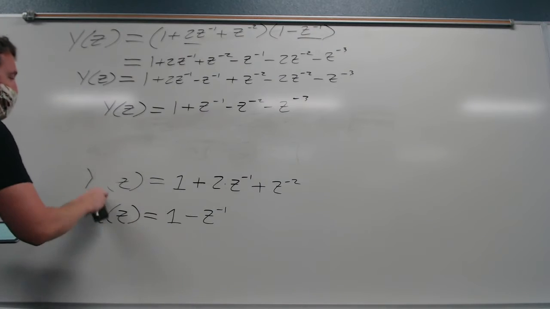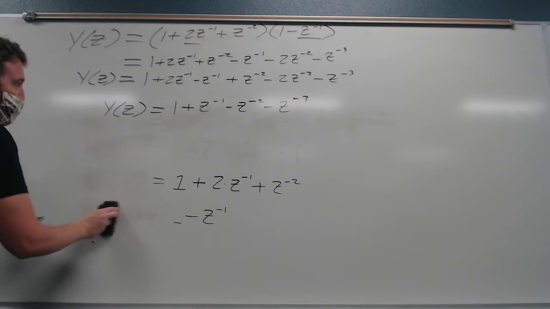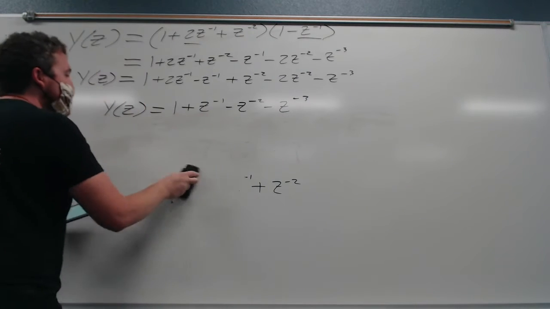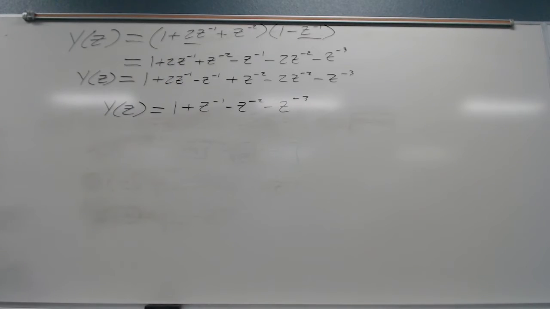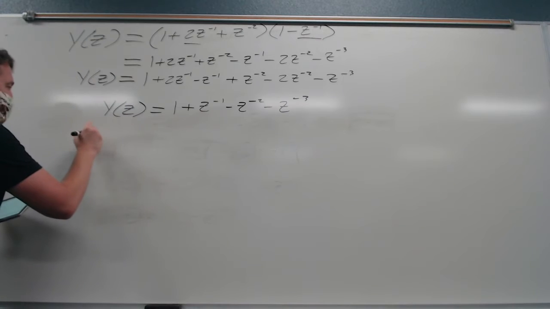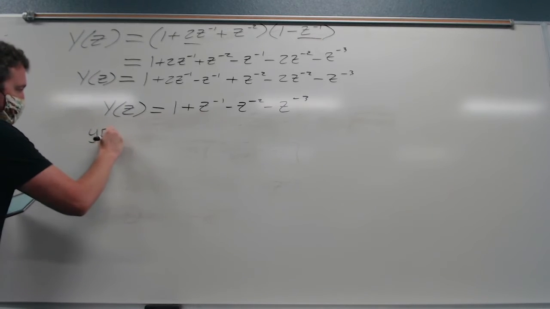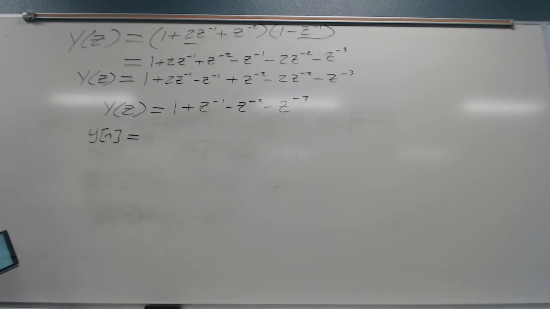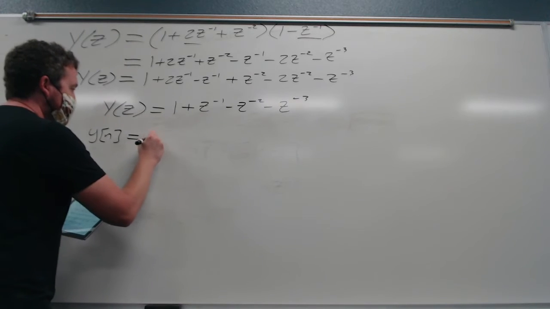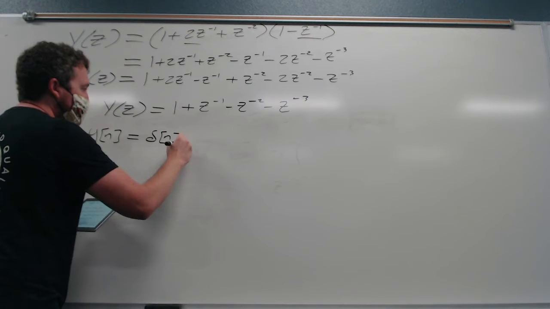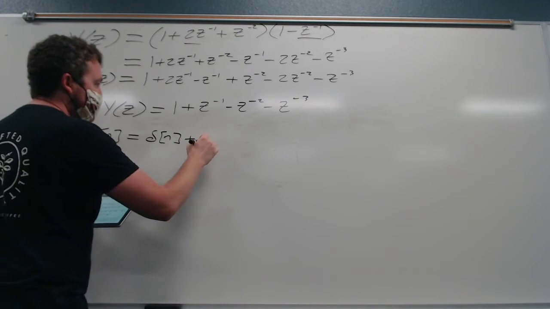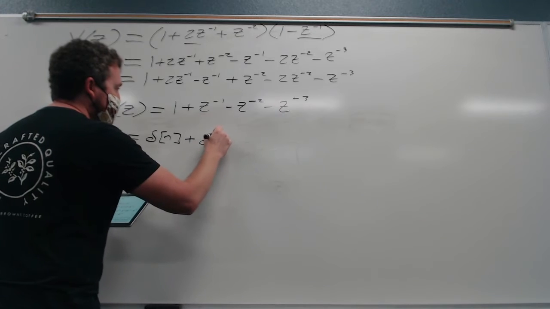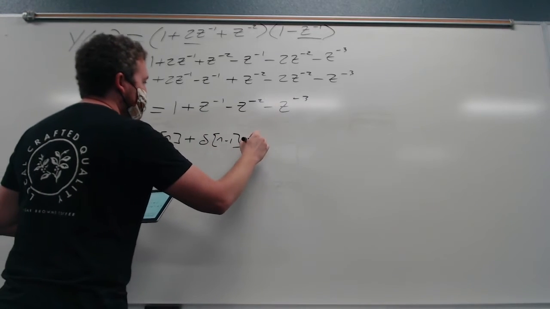And we can do the back end by inspection. Or rather, now we're going to take the inverse z transform, excuse me, to get our y of n, our discrete time sequence. And again, we can do that one just kind of by inspection, right? The inverse z transform of 1 is just delta of n, plus the inverse of z to the negative 1 is delta of n minus 1.